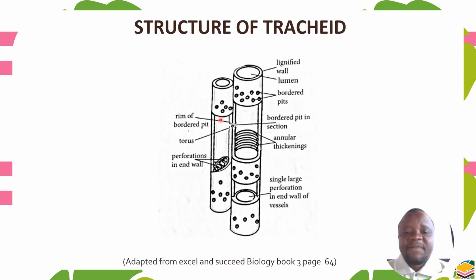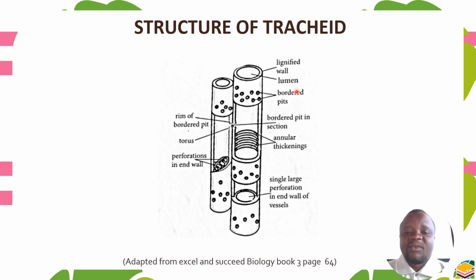Right, here with me we have the structure of the vessel element. Now you can see it is also arranged end to end. This is the ring bordered pit. We have the lignified walls, meaning they have lignin.